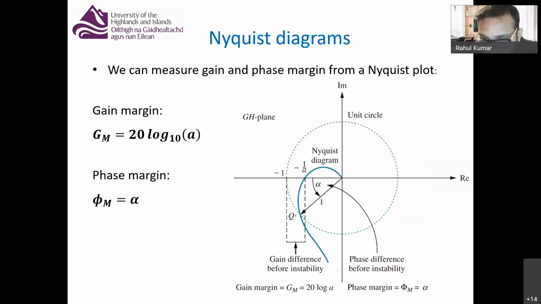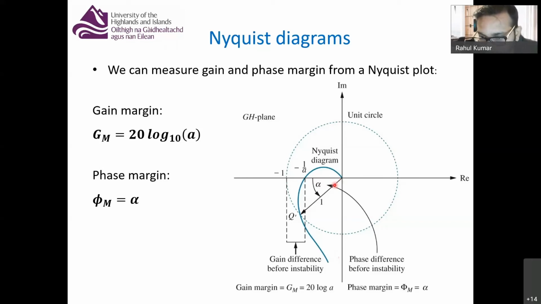Now, to find the gain margin, gain margin is 20 log base 10 A. So this is basically a formula for converting the value into decibels, right? This value A we have to find out from this Nyquist diagram. So for that, we draw a unit circle from the origin.